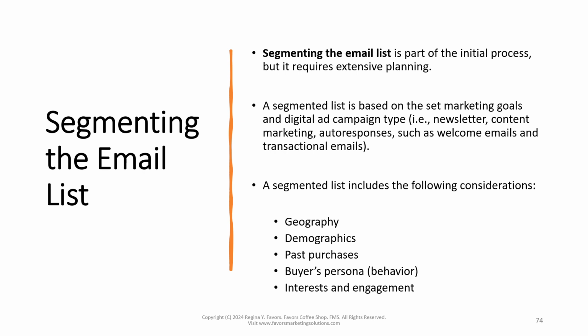Your demographics, that's your research data. Past purchases, buyer's persona, interest, and engagement. So when you are creating a list based upon the marketing goals, you are going to consider these categories in your sales plan.